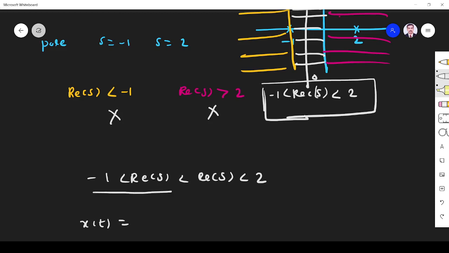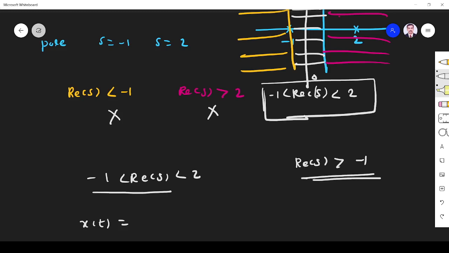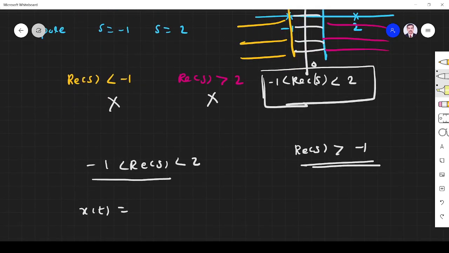For the pole at minus 1, the real part of s is greater than minus 1, so that is a right hand side signal.